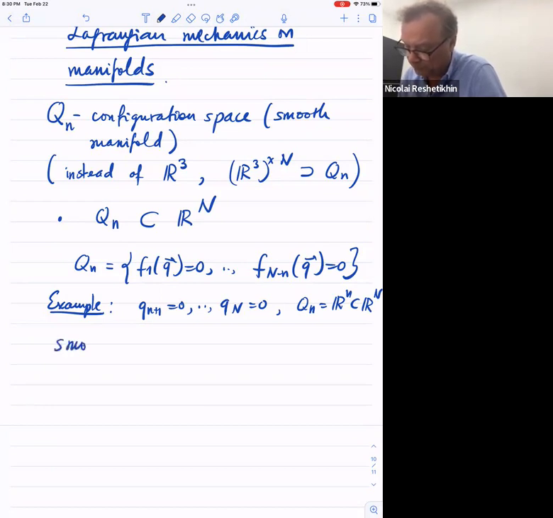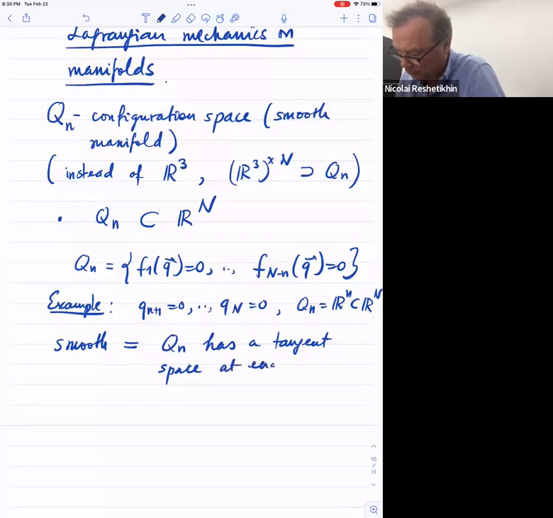Smooth means Qn has a tangent vector, or rather tangent space, at each point.